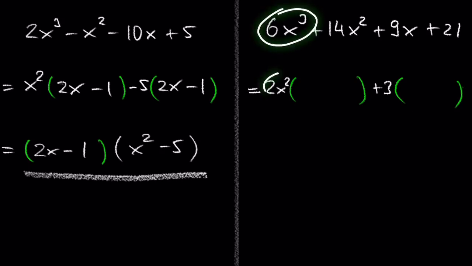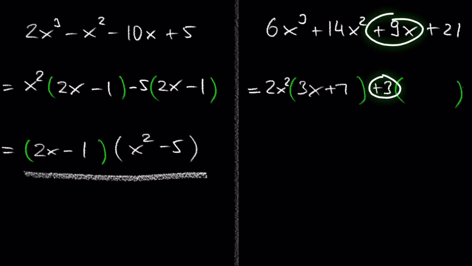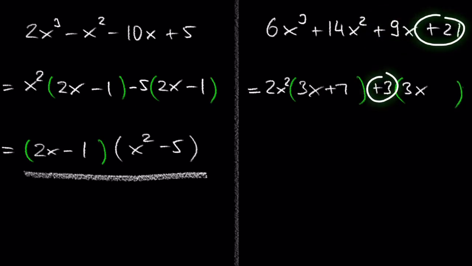So 6x cubed divided by 2x squared is 3x. 14x squared divided by 2x squared is 7. 9x divided by 3 is 3x. And 21 divided by 3 is 7.